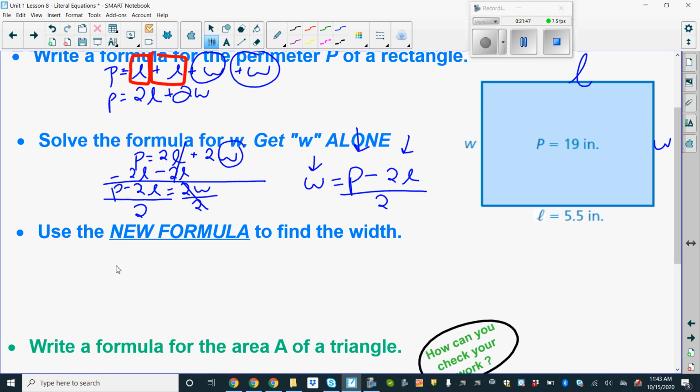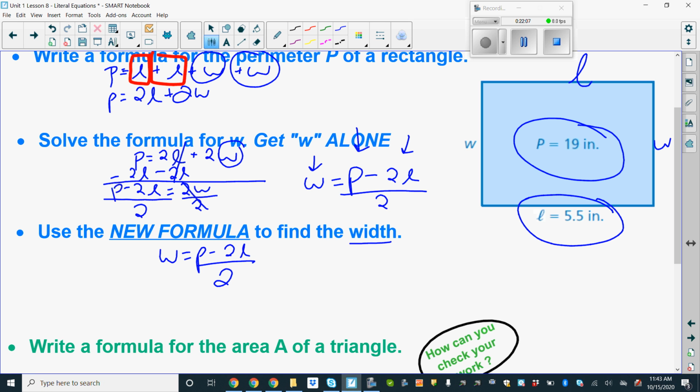Now use the new formula to find the width. And we will use the new formula because the new formula is equal to W, which is the width. So we have W equals P minus 2L divided by 2. We see here in our diagram, the perimeter is 19. The length is 5.5.